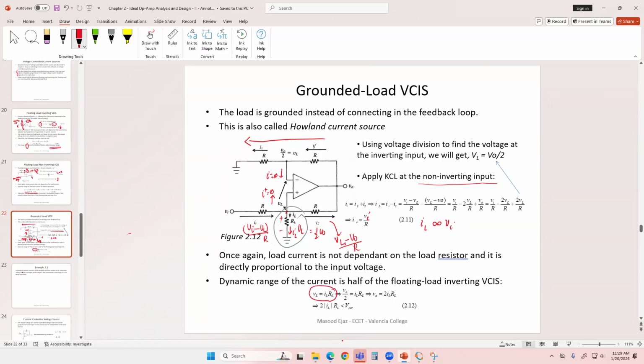And VL is half of V out, so V out over 2 is equal to IL times RL, or V out is equal to 2 times IL times RL. So for the circuit to operate linearly, the output has to be less than the saturation voltage. Therefore, the product of 2 times IL times RL has to be less than the saturation voltage. And from that, you can find out the dynamic range of this current for the circuit to operate linearly.